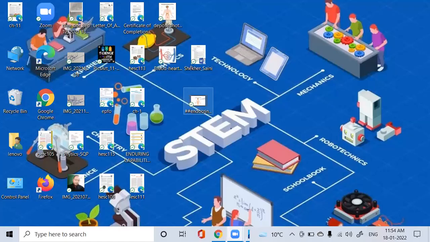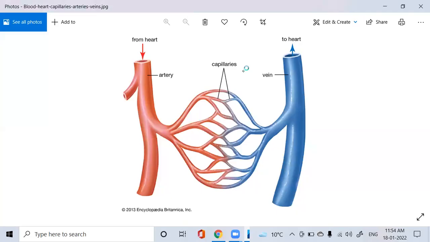Let me show you the structure of the blood vessels.